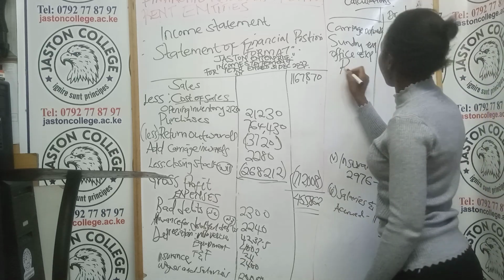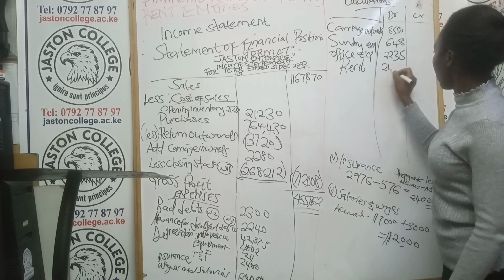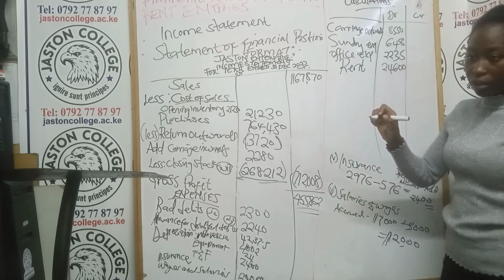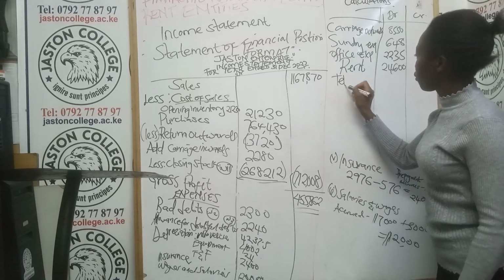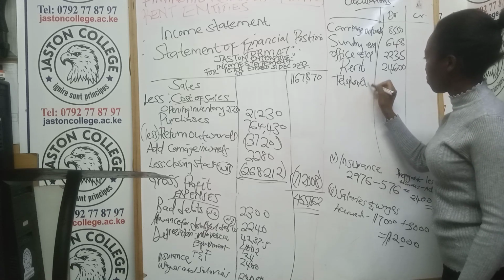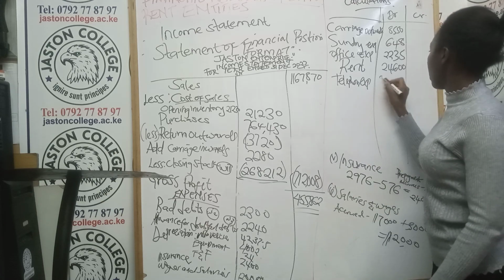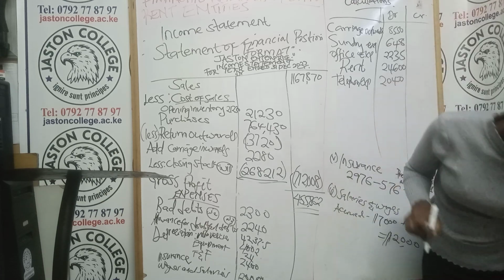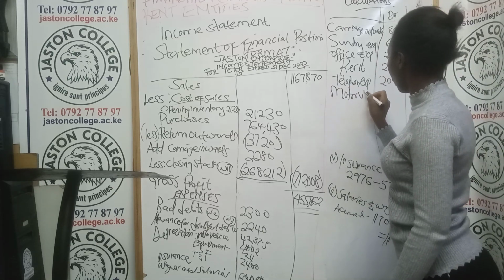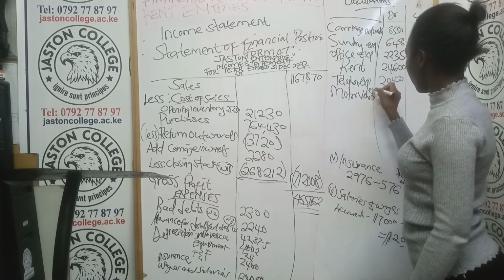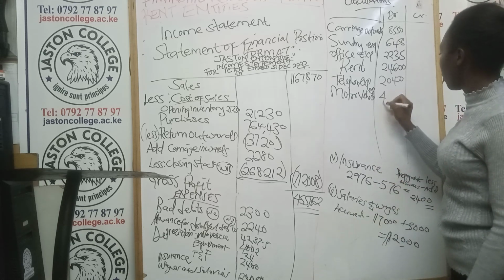We also have rent, which is 24,600 from the trial balance. We also have telephone expenses, which is 2040. Motor vehicle expenses, which is 4470.